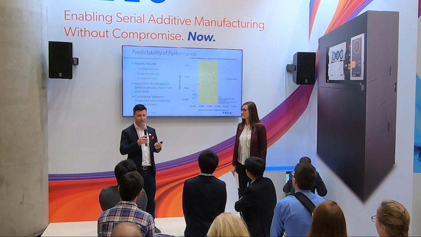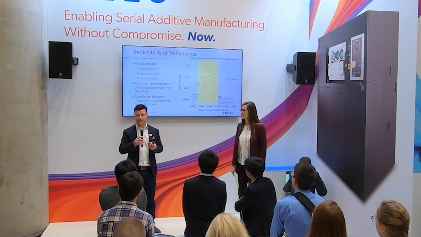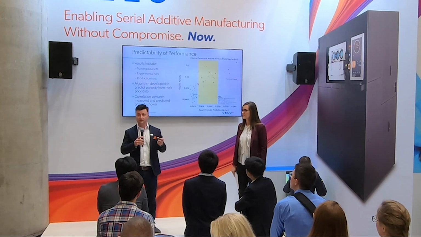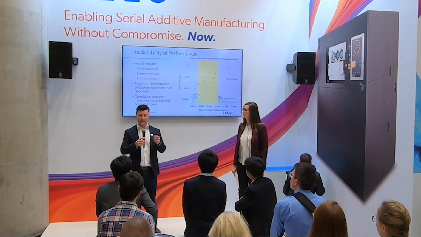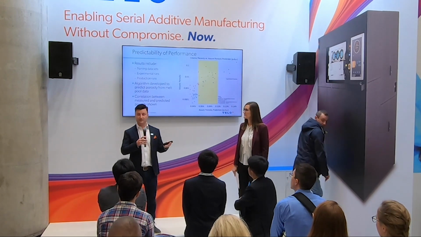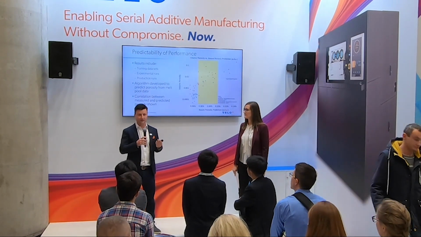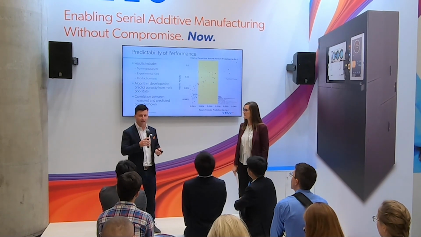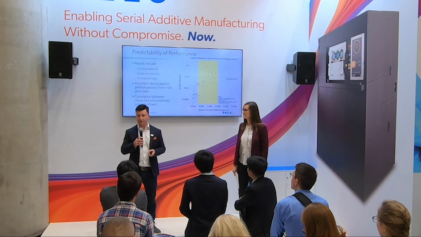So one of the things that VELO3D has been really focused on is making metrics that have a direct correlation to probability of porosity. So we're able to actually correlate the metrology that we're taking live during the print to porosity. And porosity is one of the main causes of defects and of poor mechanical properties that you see in metal additive manufacturing prints.